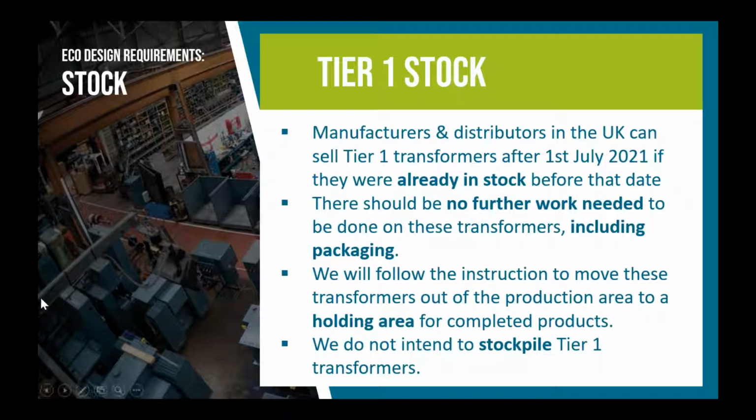So let's say come the 1st of July and we still have Tier 1 transformers that we were not able to sell before then. What we will do is follow the instructions and move these transformers out of the production area onto a holding area for completed products.